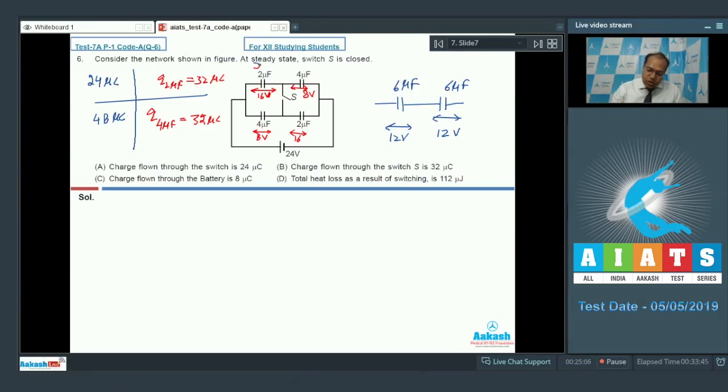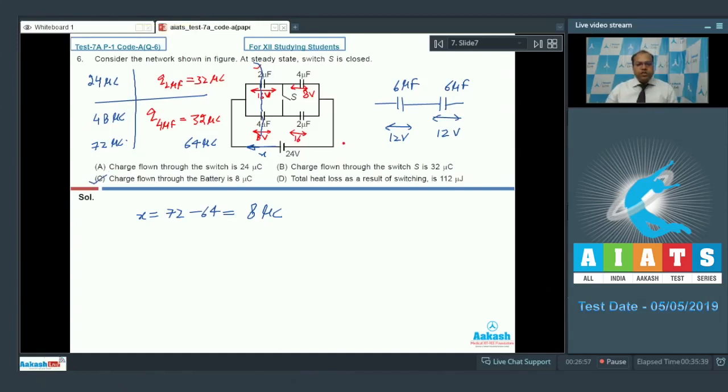If I add the charge on these two plates initially before closing the switch and after closing the switch, then I can see that the initial charge is 64 microcoulomb on both the plates, and here it is 72 microcoulomb. So the charge given by the battery, if it is X, then X is equal to 72 minus 64, so it comes out to be 8 microcoulomb. So option C is correct.